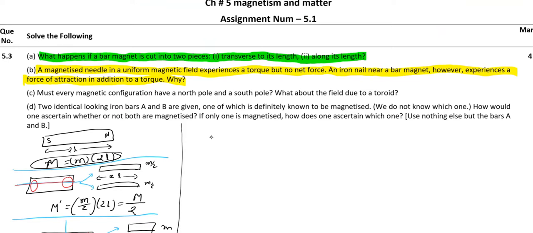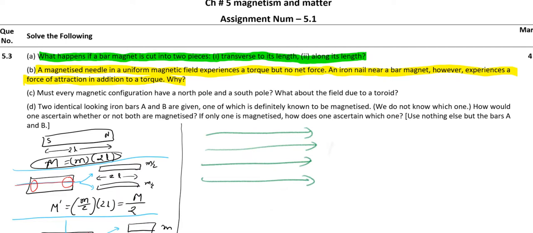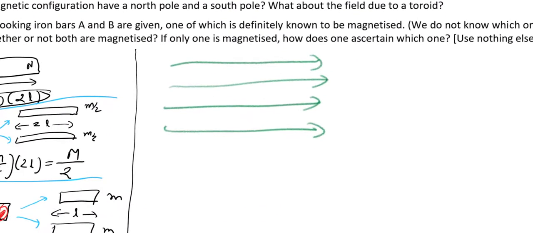So first, let us produce a uniform magnetic field. Say this is a uniform magnetic field, and in this, let us place a magnetized needle. Let this be a needle with, say, north pole here, and the other one is south pole.